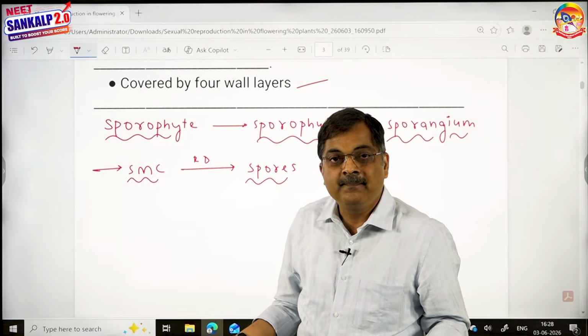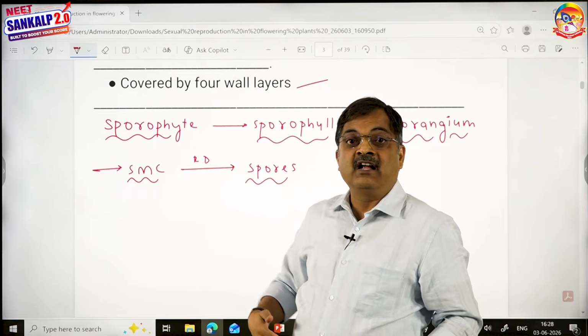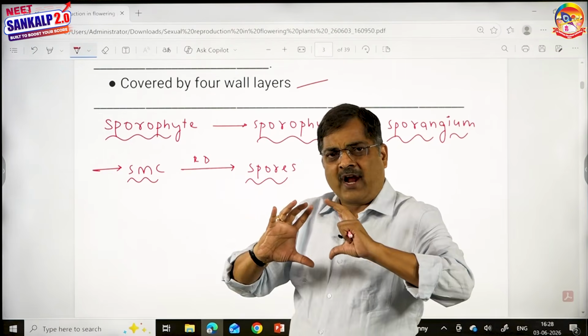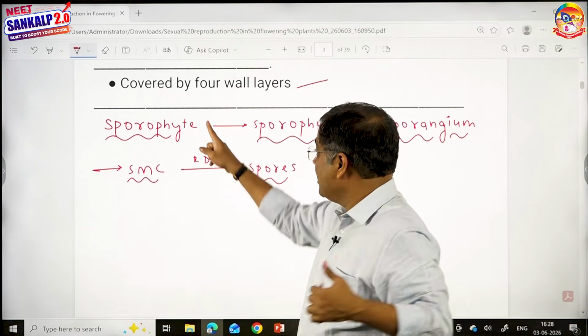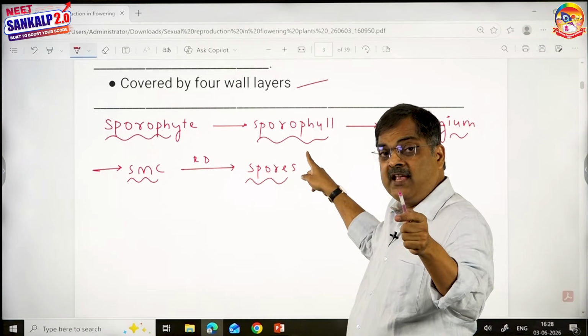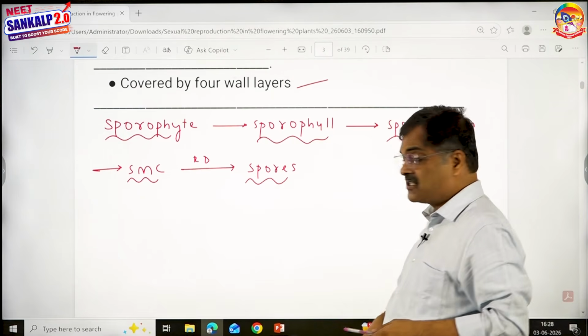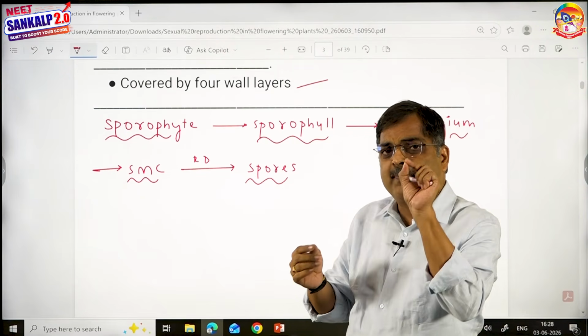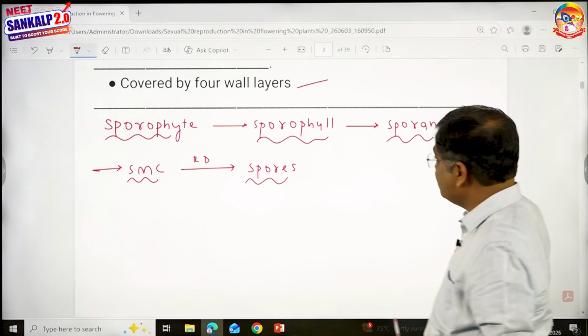So easy to remember. Go back to ferns, pteridophytes. Adventitious roots, rhizome, and pinnately compound leaf make up the sporophyte. Pinnately compound leaves called fronds are sporophylls. On the lower side of the leaves, there are brown colored dots called sporangia.